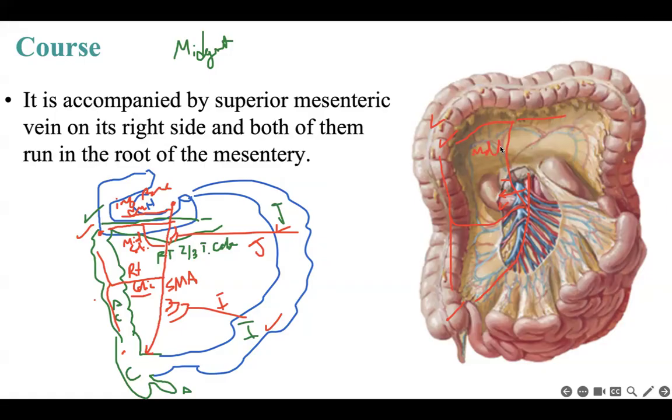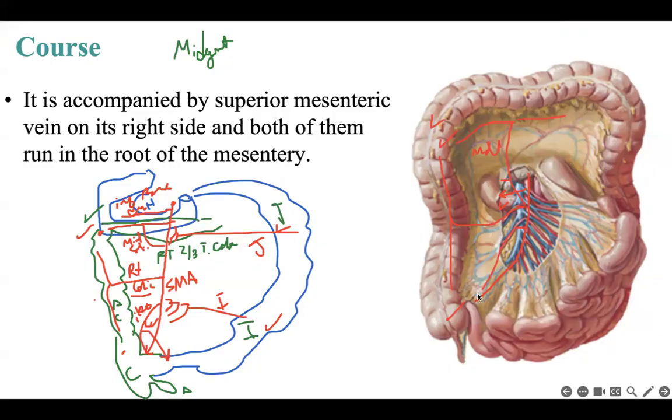Okay, what else? The terminal part of the superior mesenteric artery is named the ileocecal or ileocolic. The word ileo means it gives a branch to the terminal part of the ileum.